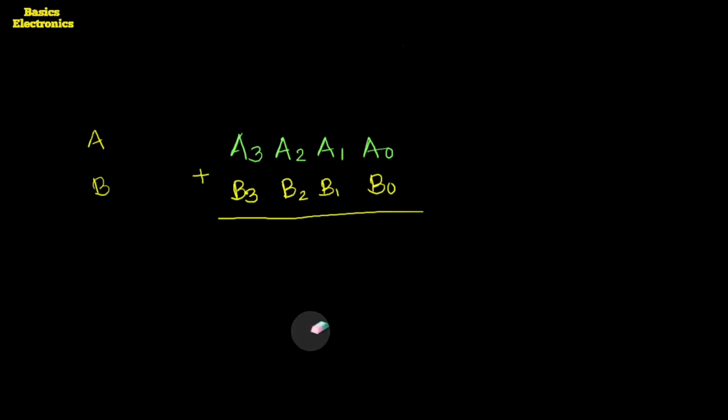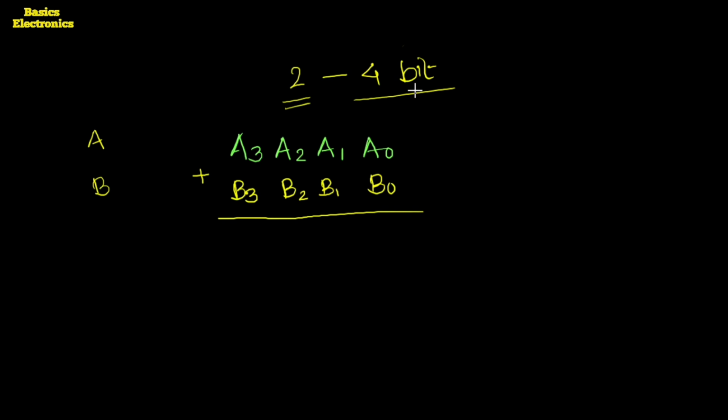Here we have to use the 4-bit binary adder, and that 4-bit binary adder can perform the addition of two binary numbers, both having 4 bits. That's why this adder is called a 4-bit binary adder.